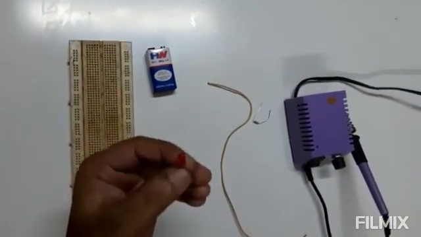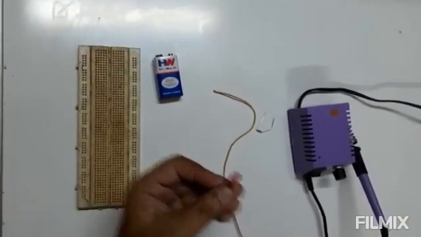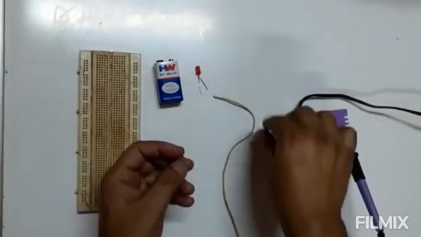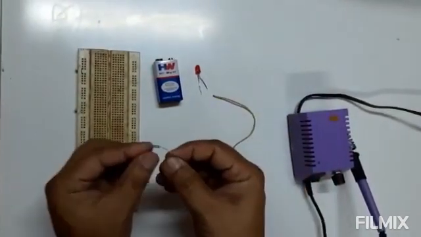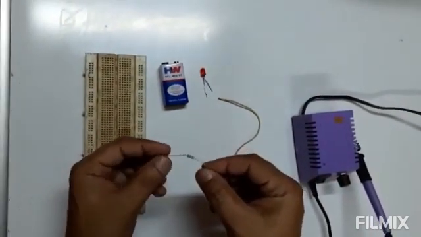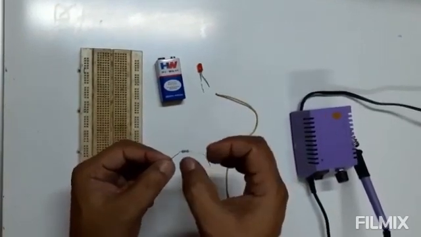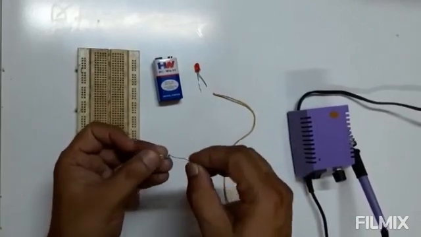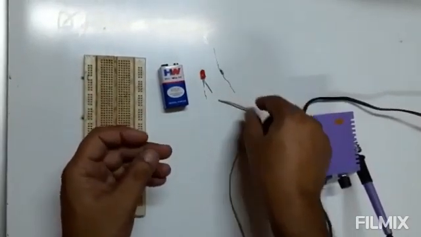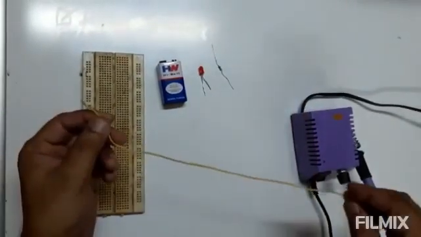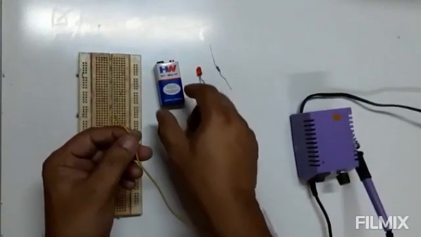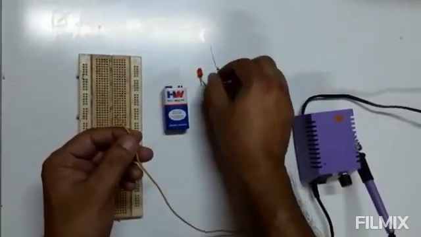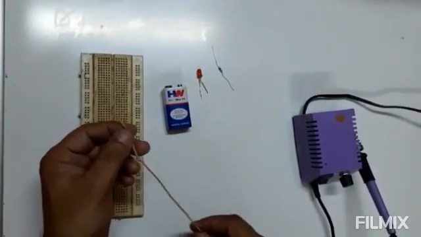When you give power to it, it will glow. This is a resistance. The amount of resistance is mentioned by the color code out here, which we will explain later. This is a piece of wire. It is used to interconnect the battery with the resistance, with the LED, etc.